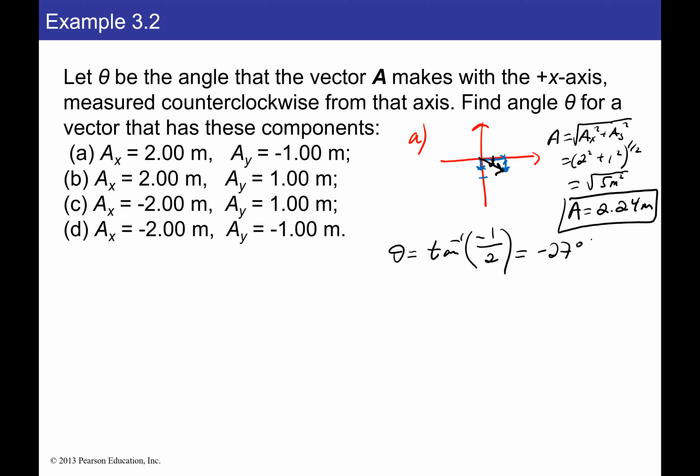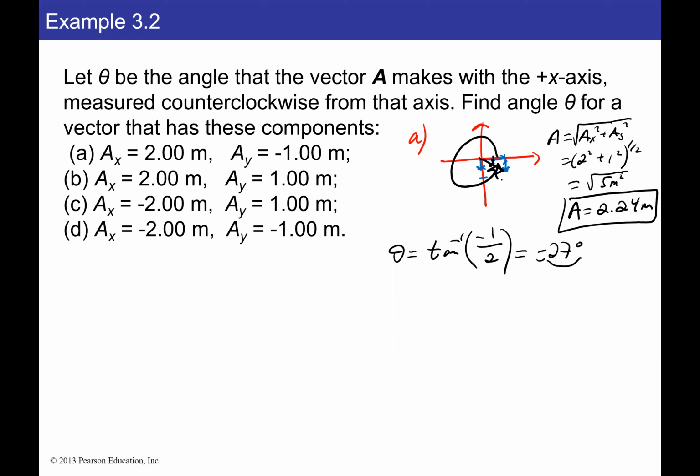All right, so now, what does -27 mean? It means 27 degrees clockwise from the positive x-axis. Generally, when I'm asking for the direction of a vector, I want this theta counterclockwise from the positive x-axis.